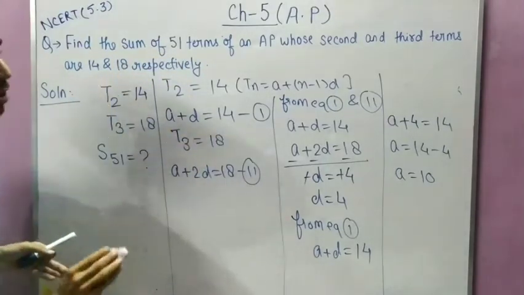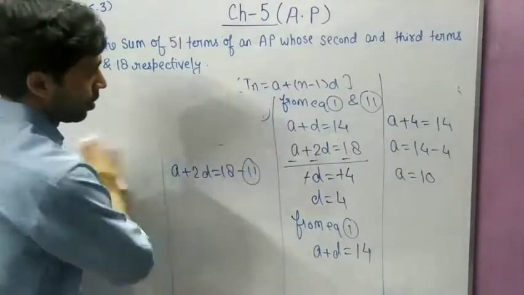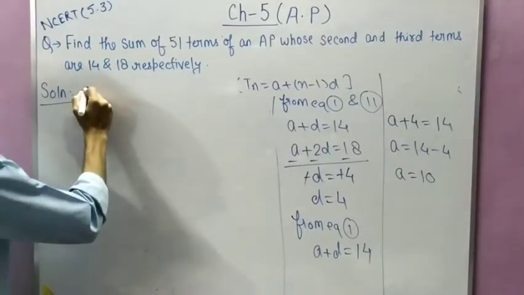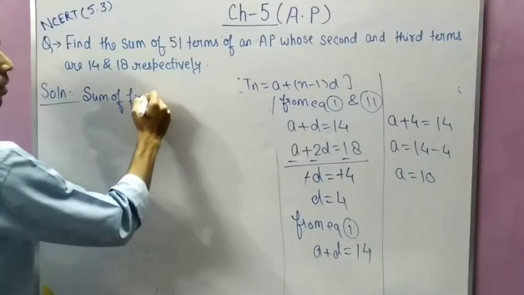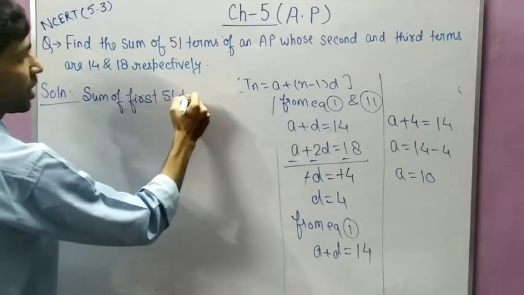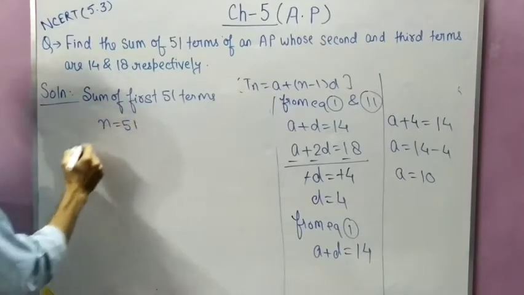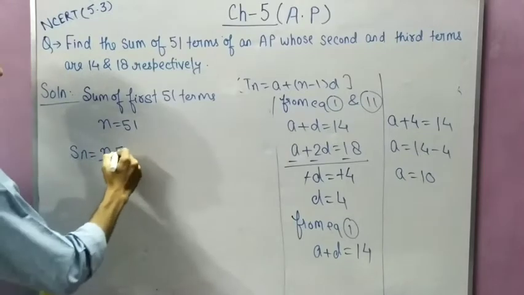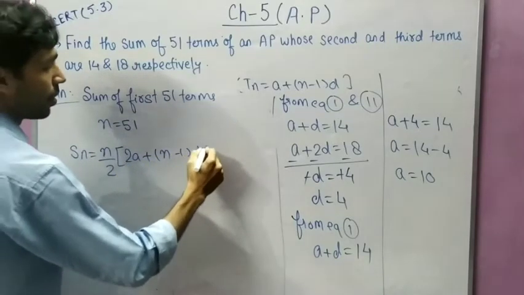I hope you have understood, so I am going to erase this. So the sum of the first 51 terms means n equals 51. The formula is Sn equals n by 2 in bracket 2a plus (n minus 1) d.